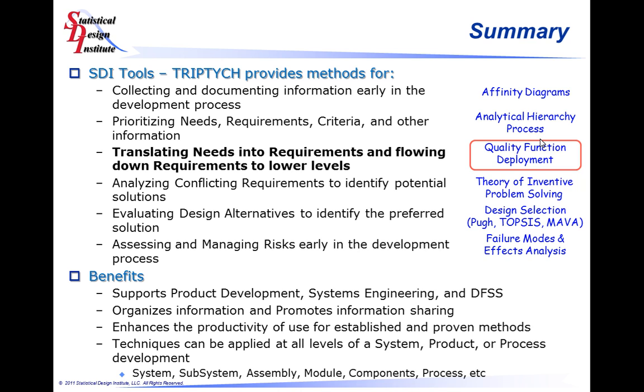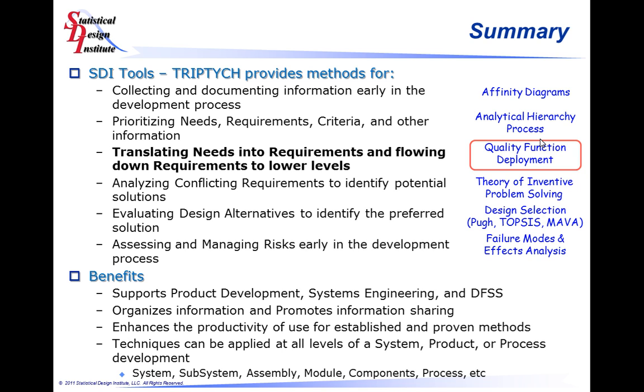So in summary, what we've demonstrated is the next step of the process of how to translate needs and requirements and flow down these requirements to lower levels. In the subsequent tutorials, we'll look at the other areas of the SDI tools and the Triptych package, and how all of these support the overall product development, systems engineering, and design for Six Sigma process, support you in organizing information, and promote the sharing of information through these easily used Excel worksheets.